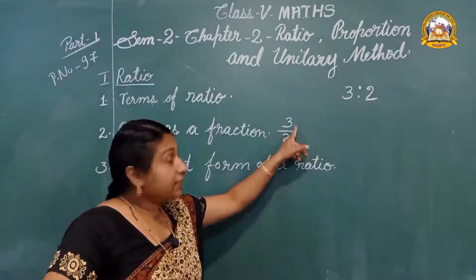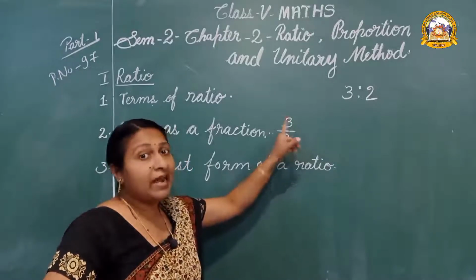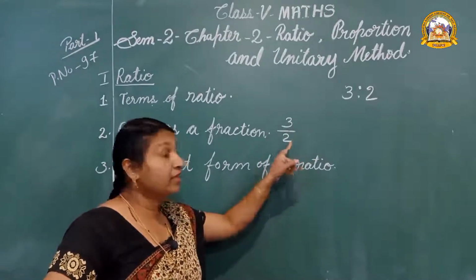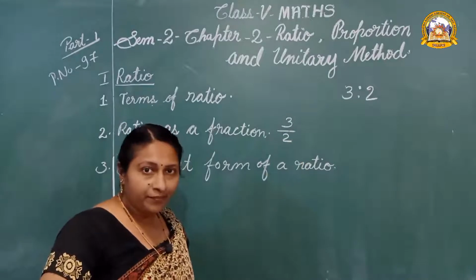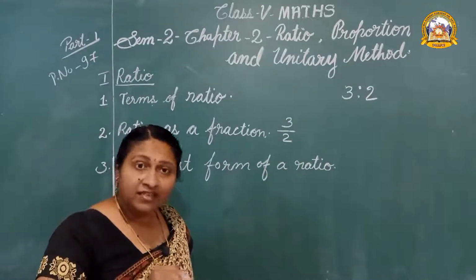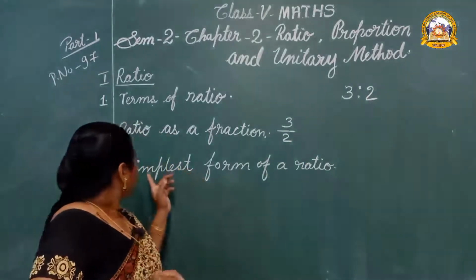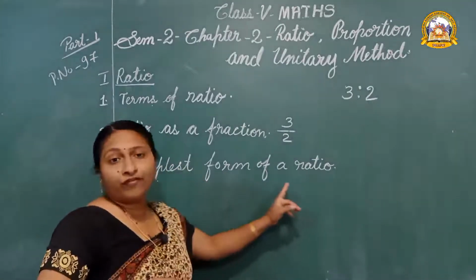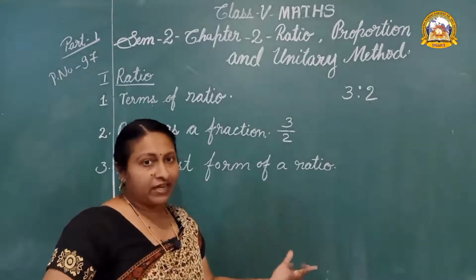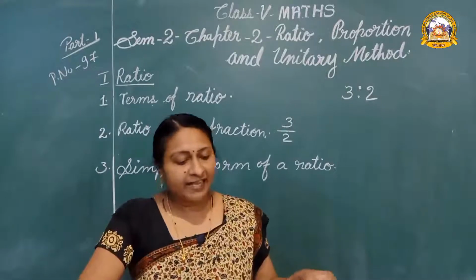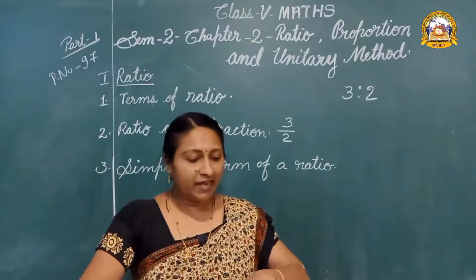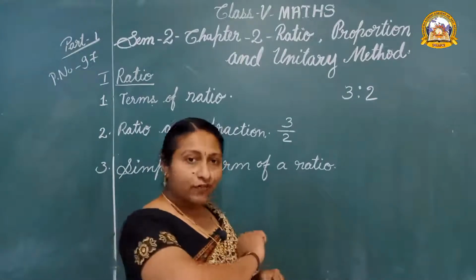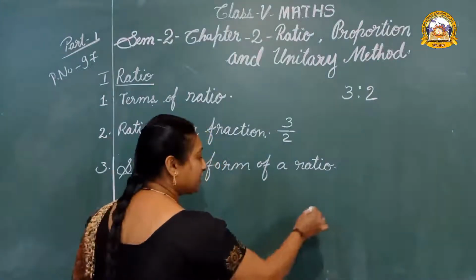Here first term will be the numerator and the second term will be the denominator. Okay? Antecedent and consequent. Here next, simplest form of a ratio. How can we write? Take the next page. There you can see an example. 24 is to 36. Look here.